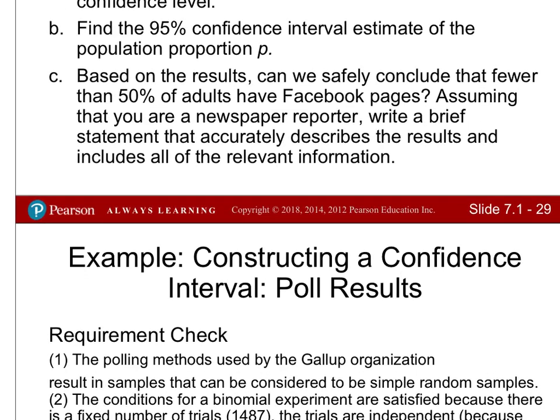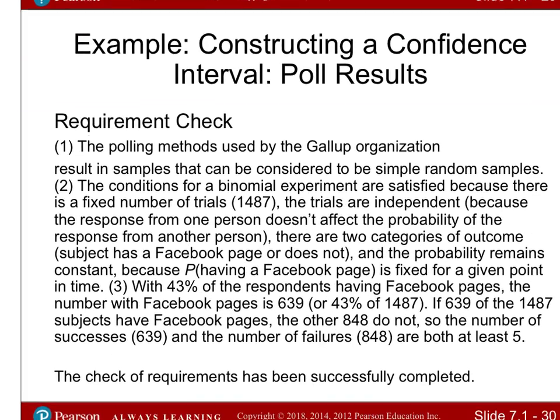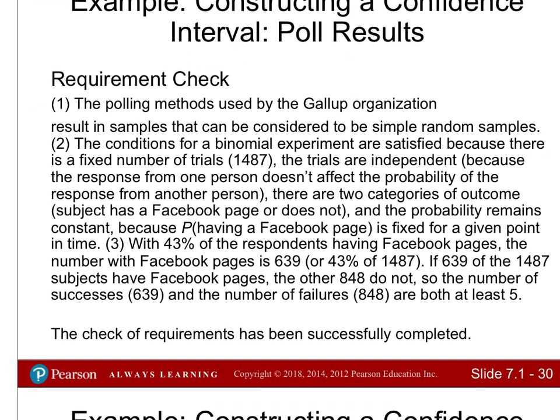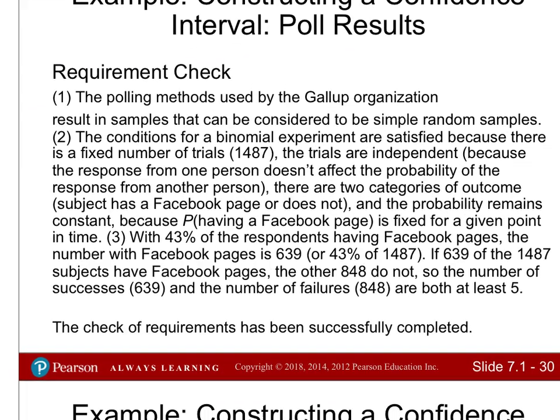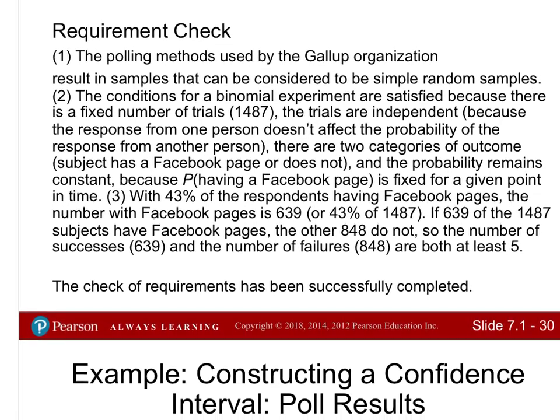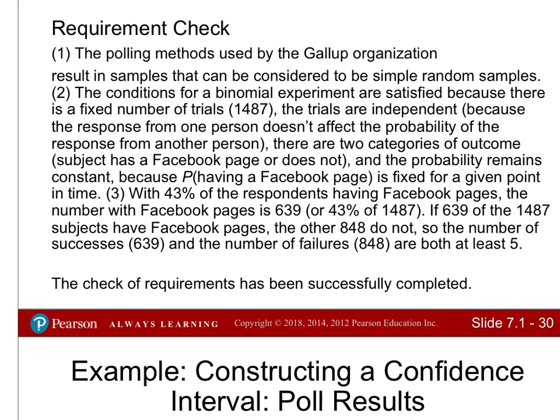Okay, so let's go through this. Do we meet the requirements? The polling methods used to gather the data are random. The conditions are met for a binomial experiment. In other words, they have a Facebook page or they do not have a Facebook page. And we have some successes and some failures.